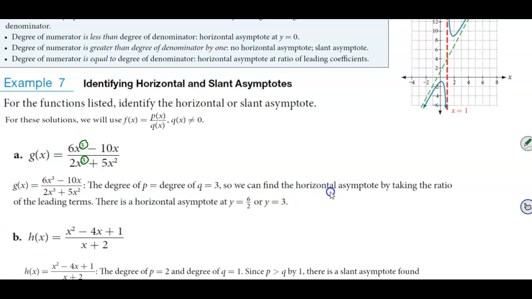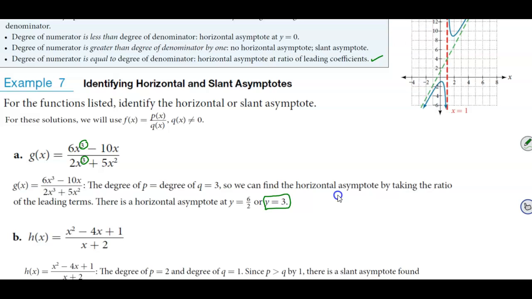So we can find the horizontal asymptote by taking the ratio of the leading terms. That falls into this last one. The degree of the numerator is equal to the degree of the denominator, so we look at the leading coefficients, which is 6 over 2, so y is going to equal 3.